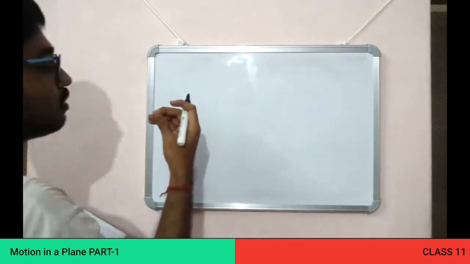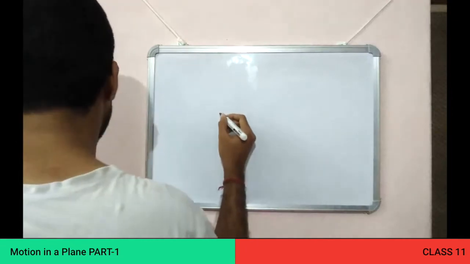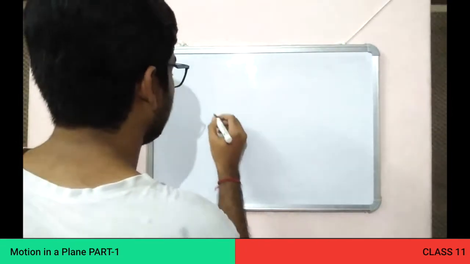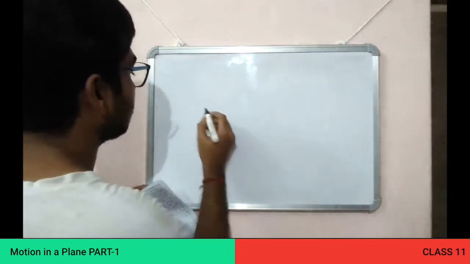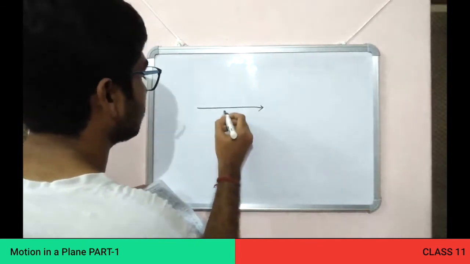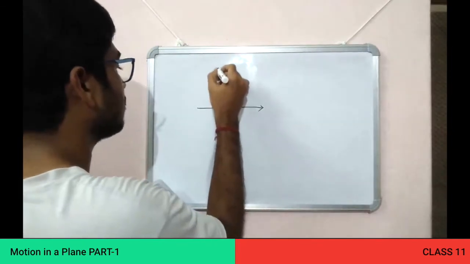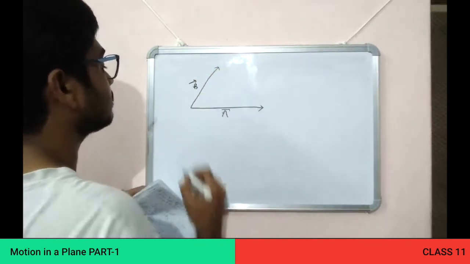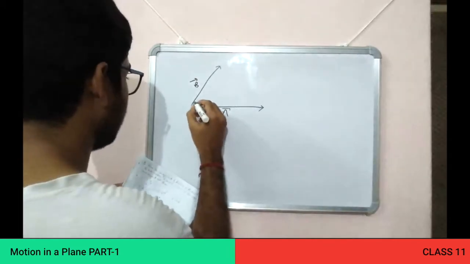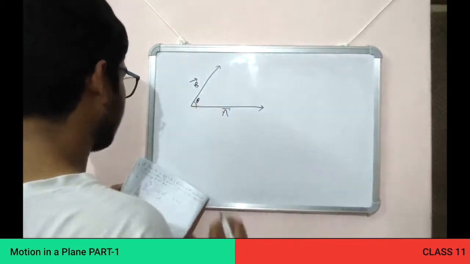So here the question was to determine the magnitude and direction of the resultant of two vectors A and B at angle theta. So let's first draw this is A and this is B. And this angle is theta.